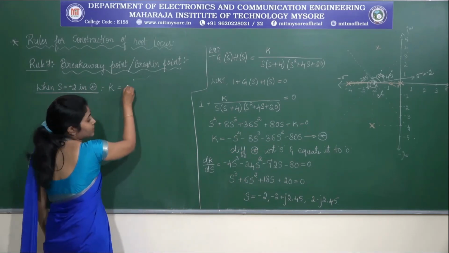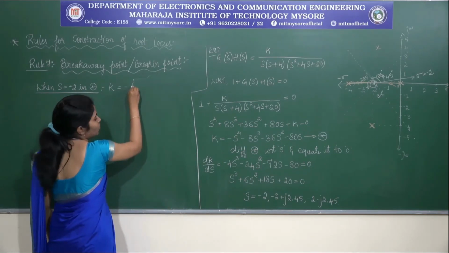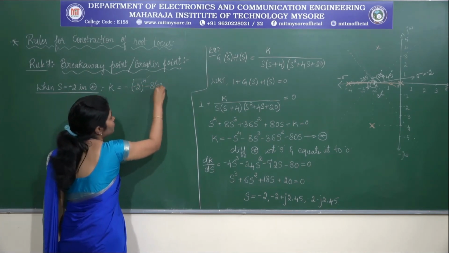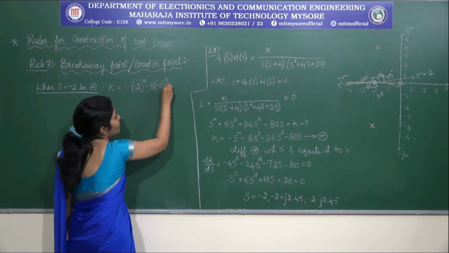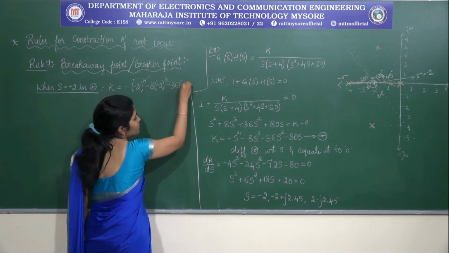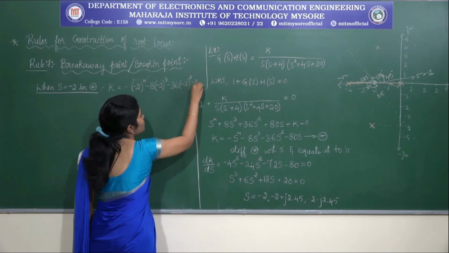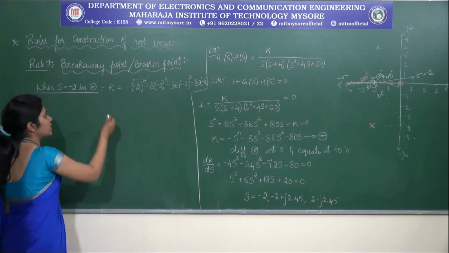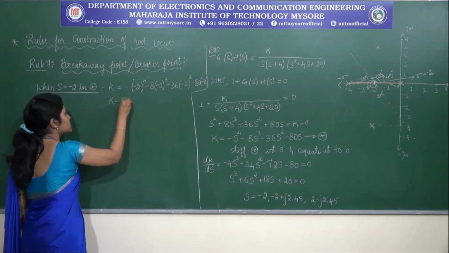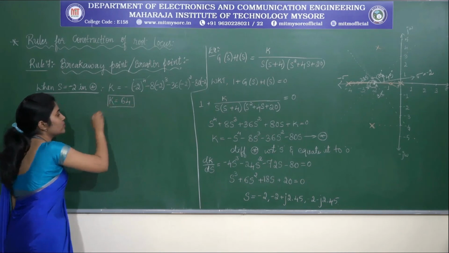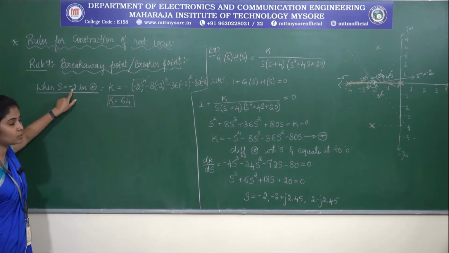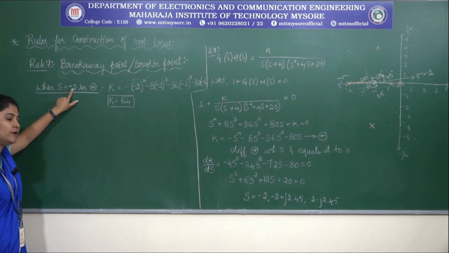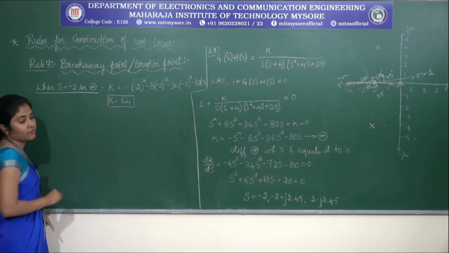That is minus of minus 2 to the power of 4 minus 8 times minus 2 cube minus 36 into minus 2 square minus 80 into minus 2. If I simplify all this, the value for k I am getting is 64. Therefore, the point s equal to minus 2 on the s plane is a valid breakaway point.